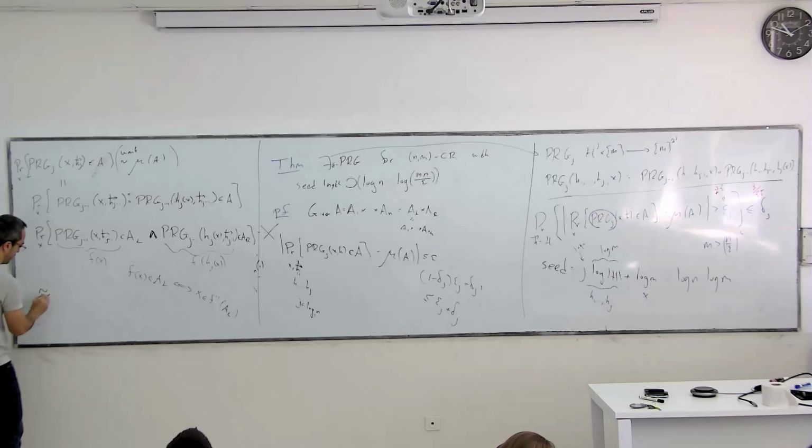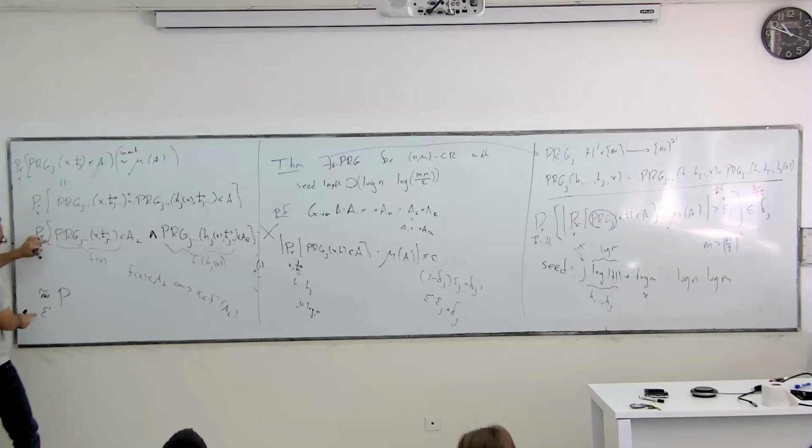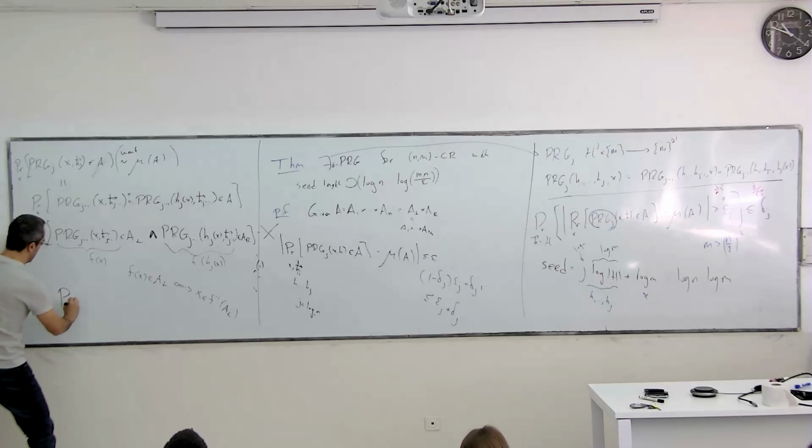So what I'm really saying is that, up to an additive epsilon prime, this is the same. This means that the difference between these two is at most epsilon prime in absolute value.